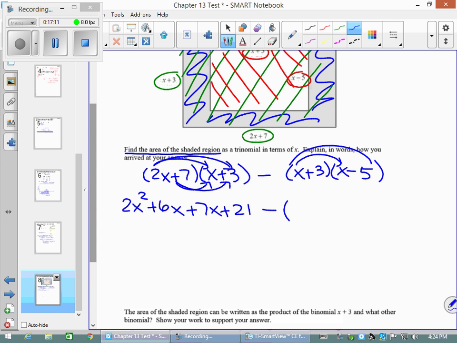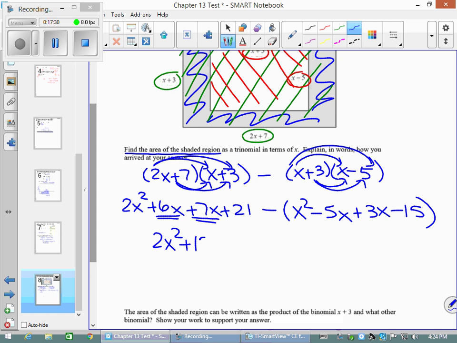So right now I have x squared minus 5x plus 3x minus 15. I can combine some like terms here. So I have 2x squared plus 13x plus 21 minus, and again I have some like terms on this side, x squared minus 2x minus 15. Now I'm going to subtract, distribute this minus sign into a trinomial on my right.